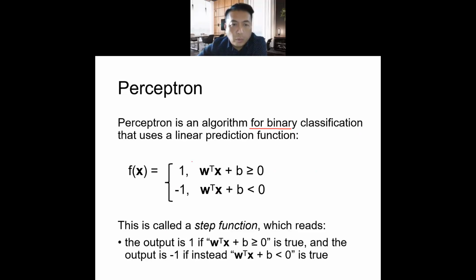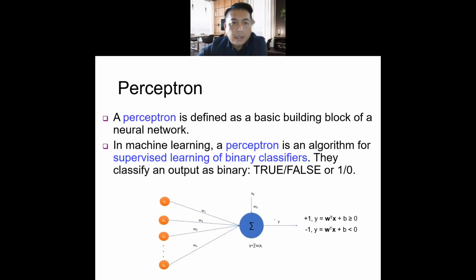If the output is 1, that means this is true. But if the output is -1, that means this is false. A perceptron is defined as the basic building block of a neural network, because we only have a single neuron.